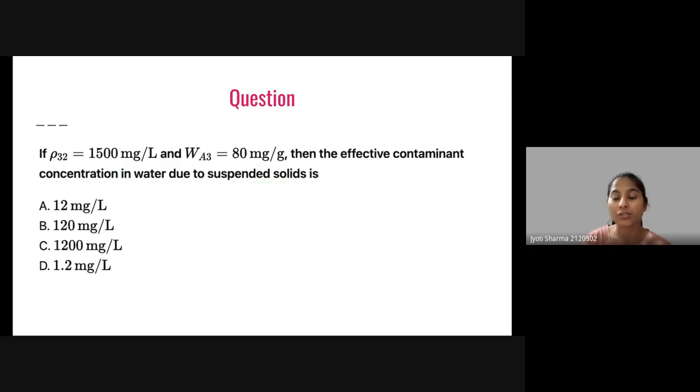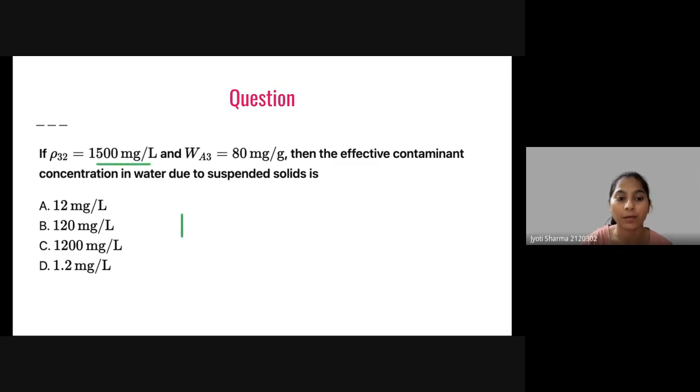Firstly, the concentration of solid is given, and then the concentration of contaminant on solid is given. And you need to calculate the contaminant concentration. You just need to multiply them with each other. But the important thing that you have to take into consideration is that we have mg per liter here.